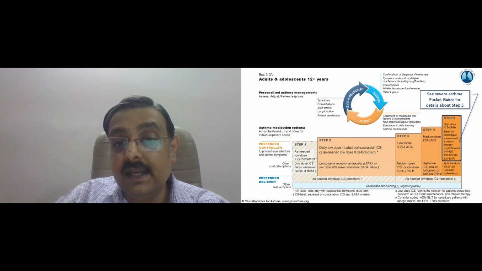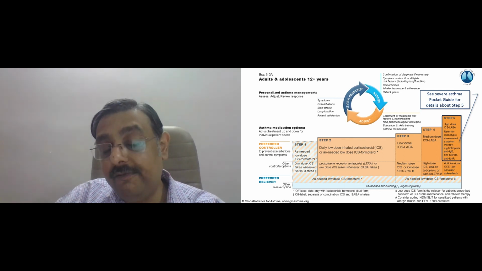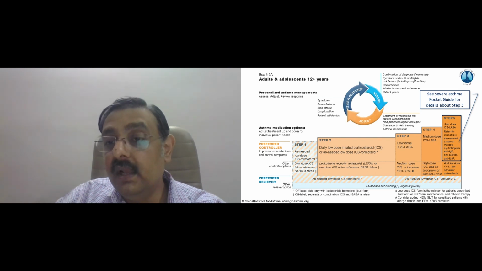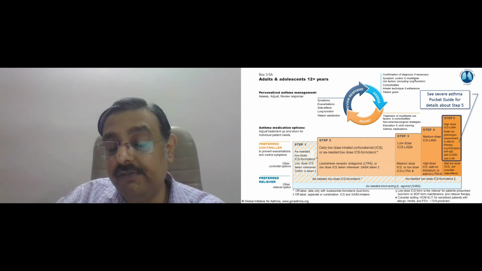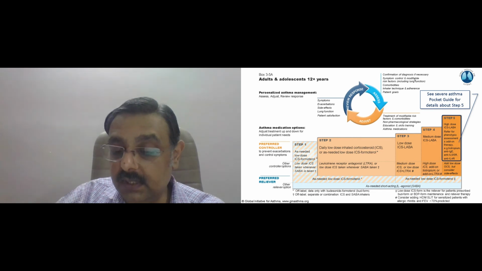Now, when you land on step 5 of GINA, where the child is still not controlled with high dose inhaled corticosteroid, LABA with montelukast, and now also tiotropium, this is a point of time when we need to consider this child as a severe asthma, and this child needs to be evaluated further.